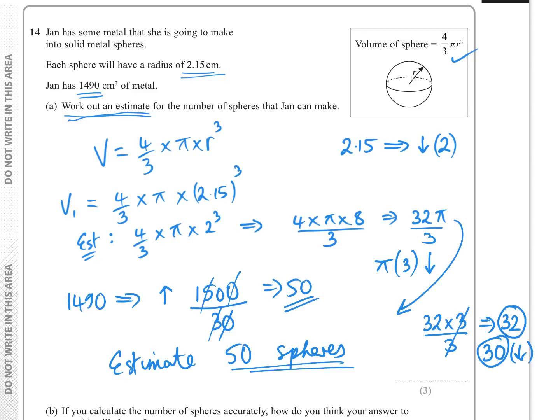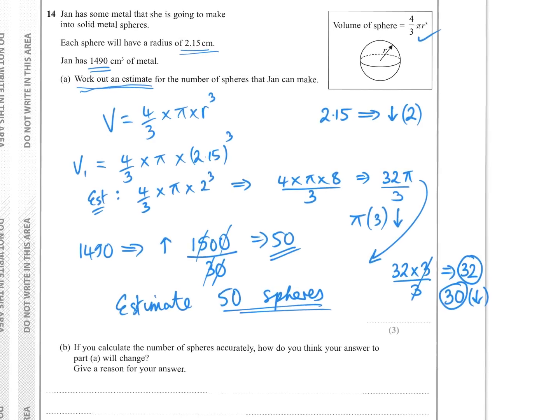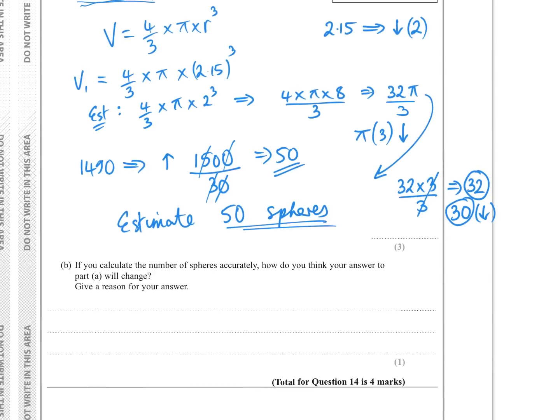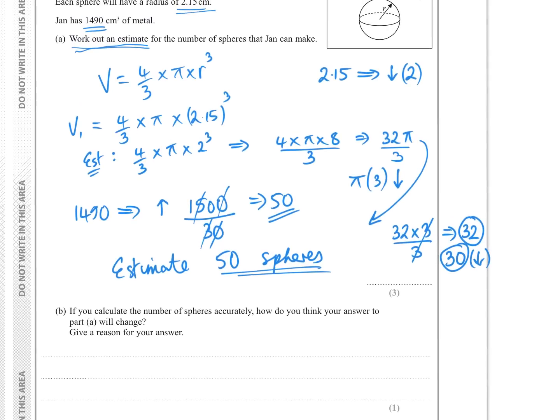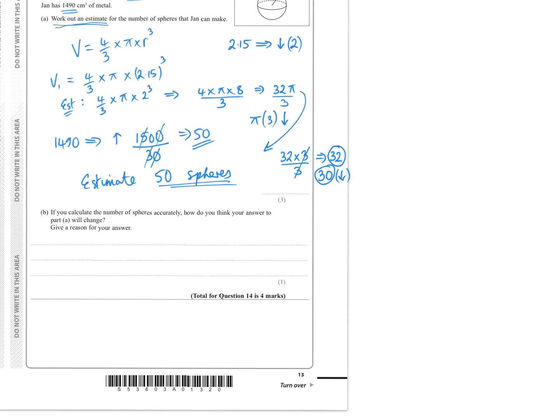But the second part of the question says, if you calculate the number of spheres accurately, how do you think your answer to part A will change? And that's 1 mark. Well, this is a little bit tricky to answer really, and it's only 1 mark, so I don't want to go into too much detail at all.